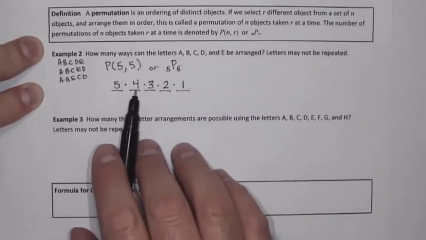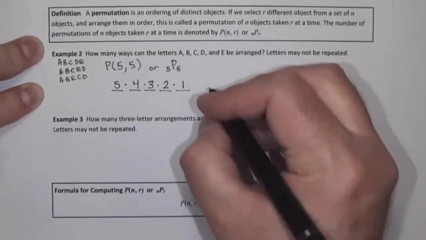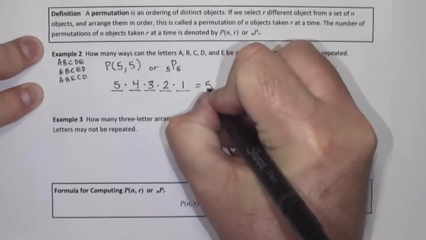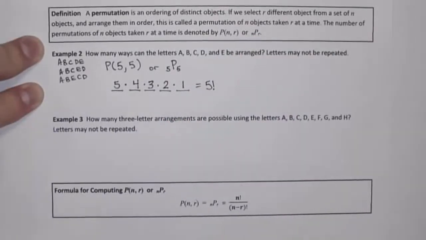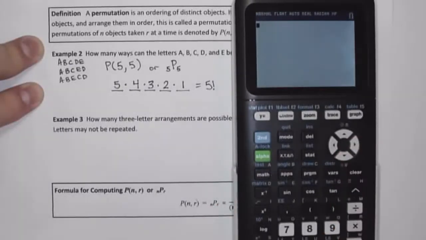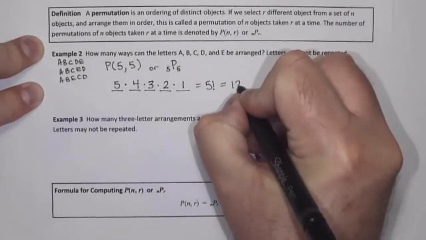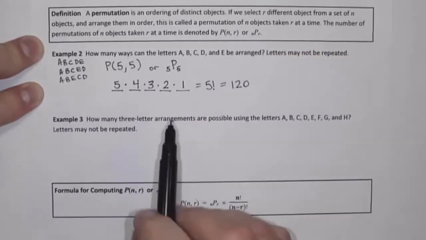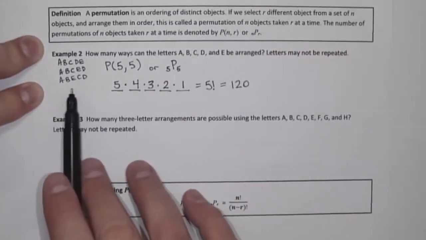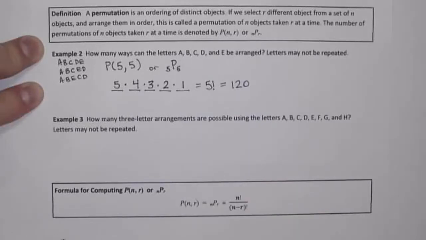So this would be 5 times 4 times 3 times 2 times 1, or 5 factorial, in other words. If we see what this is, 5 times 4 times 3 times 2 times 1, that is 120. So there are 120 different arrangements of these 5 letters if letters cannot be repeated.